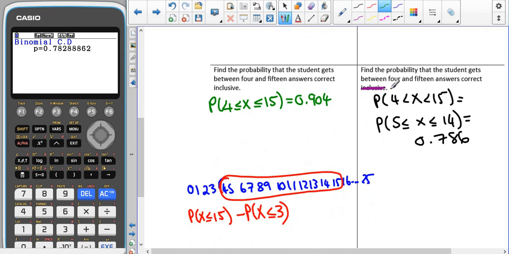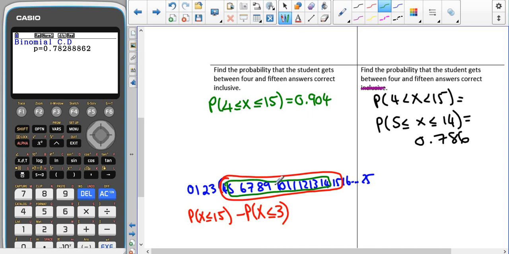For the other one, if we don't treat it as inclusively, because otherwise it's the same, so if we're treating it as just between those numbers, so this time 4 is strictly less than x, is strictly less than 15, then the smallest one that we want is 5, and the biggest one that we want is 14. And if you think about your number line again, if we're not including 4 and 15, then we would be chopping those off.